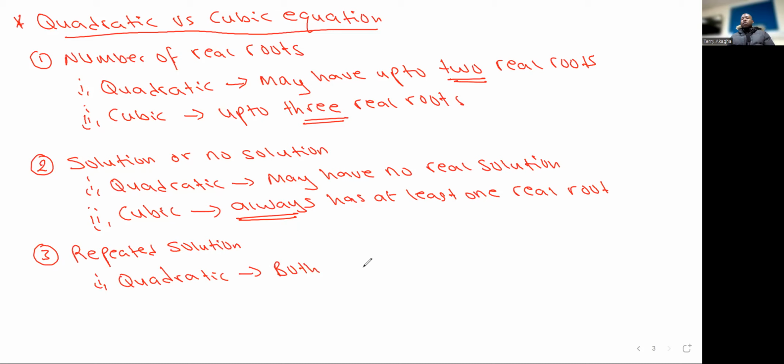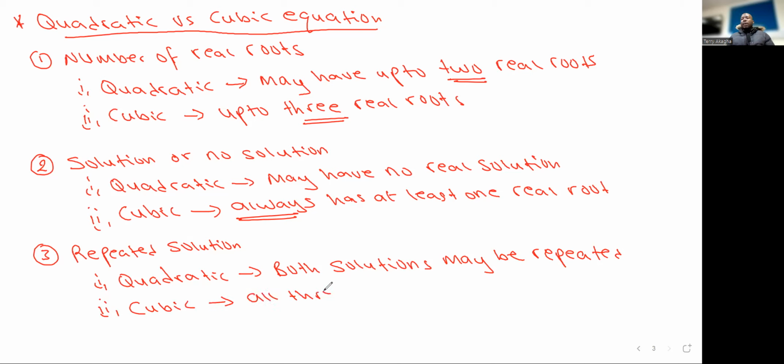You can have 2 solutions repeated, so you can have x is equal to 2 twice. But in cubic, that's not the case. In cubic, you can have the whole 3. You can have all 3 solutions what? Repeated.